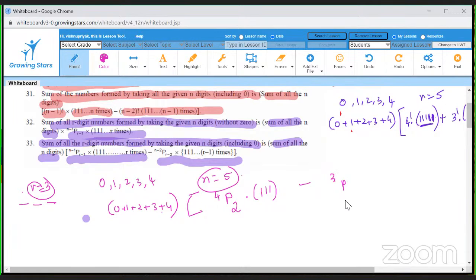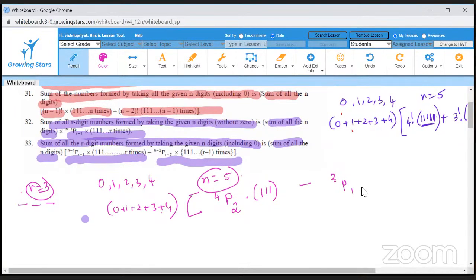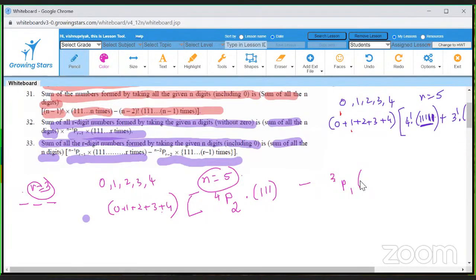R is 3, 3 minus 2 is 1. And then I have r minus 1 times, that is 3 minus 1 times, I have to write 2 times. I have to write 1, 3 minus 1 times, r minus 1 times, that is 2 times I have to write.